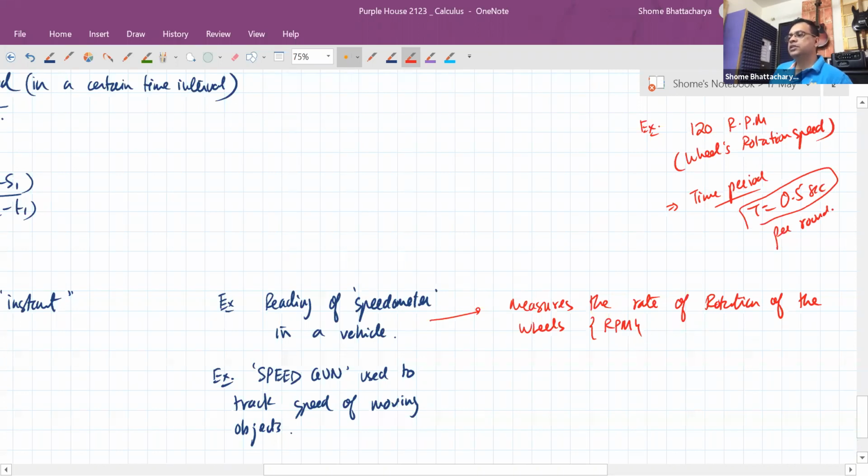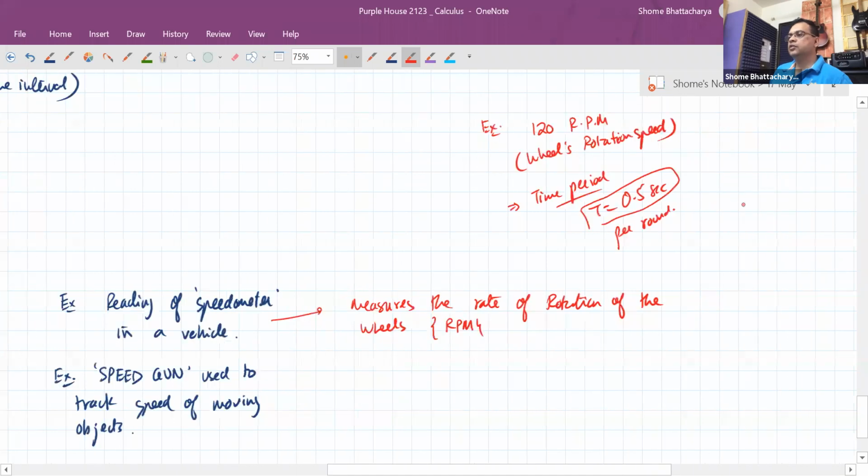Okay, so that brings a question: a rotating wheel on the ground, how much distance does it travel in one rotation? A rotating wheel is typically moving like this. Let's say you have a point on the wheel, which is like this. Now, when it completes one full cycle, where does it reach again?